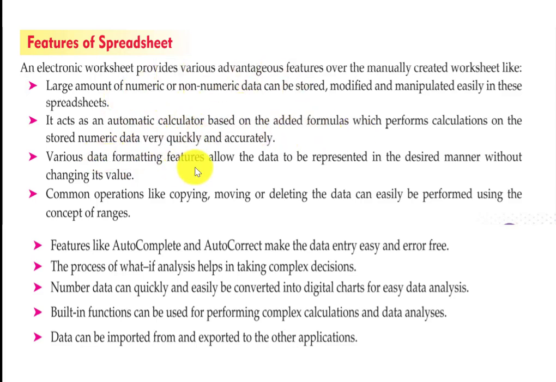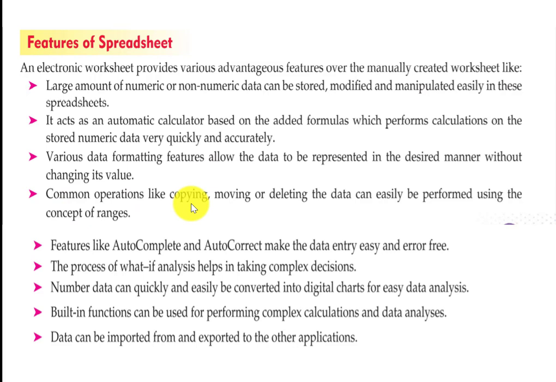Various data formatting features. What do you mean by data formatting? It means we can change the format, color, size, text also. This feature allows the data to be represented in the desired manner without changing its value.